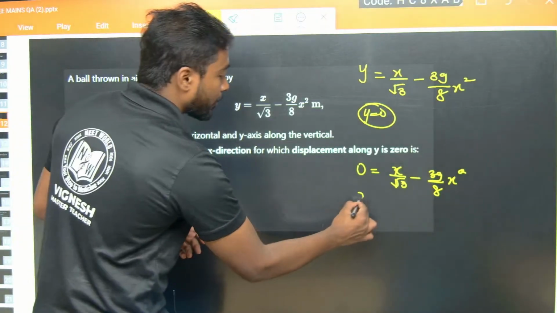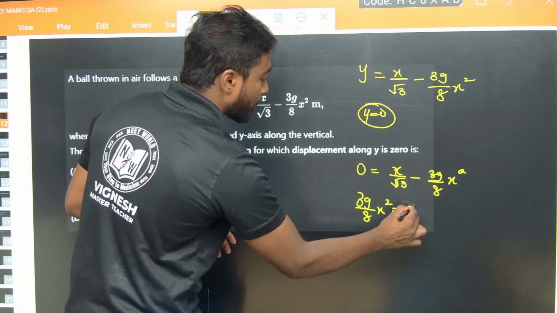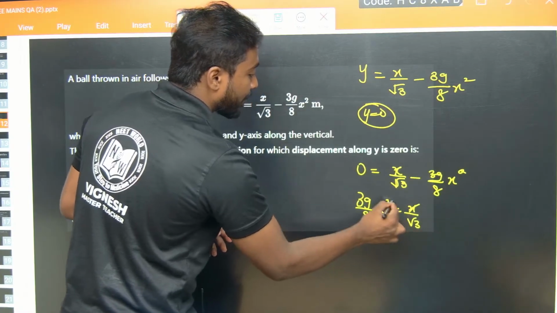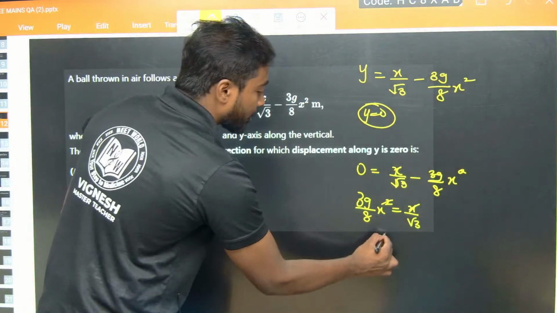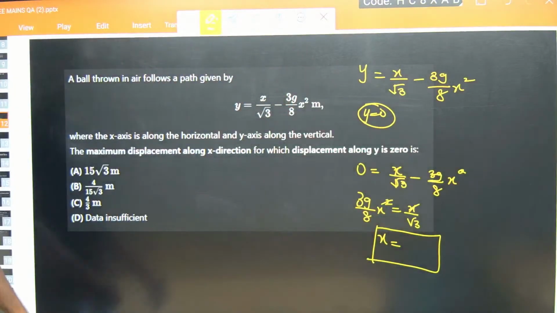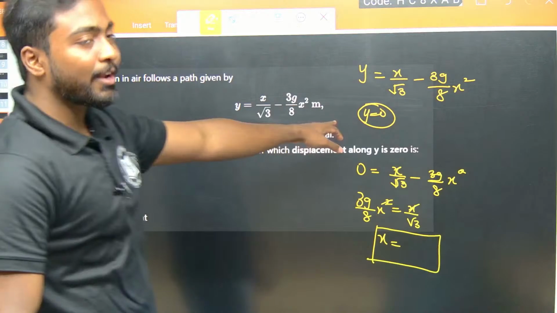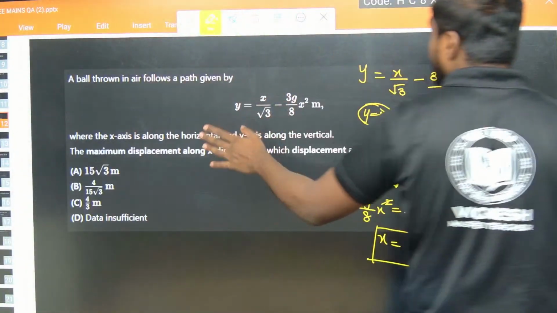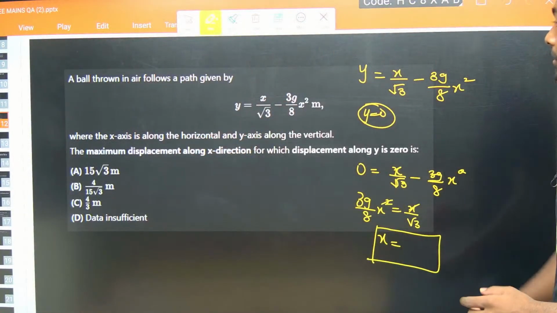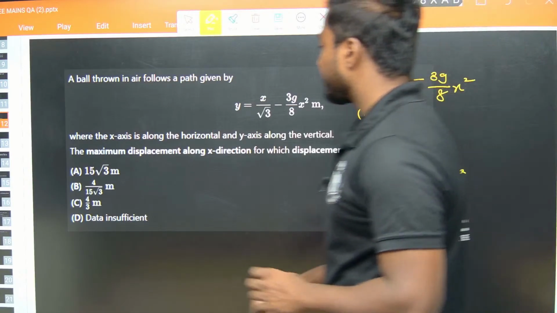So 3g by 8 x square should be equal to x by root 3. x and x will get cancelled. From this I need to find what x is. That's the answer for this question. So simply I need to substitute the value y equals 0 in the equation and get the value of x. This is the maximum displacement along the x direction.